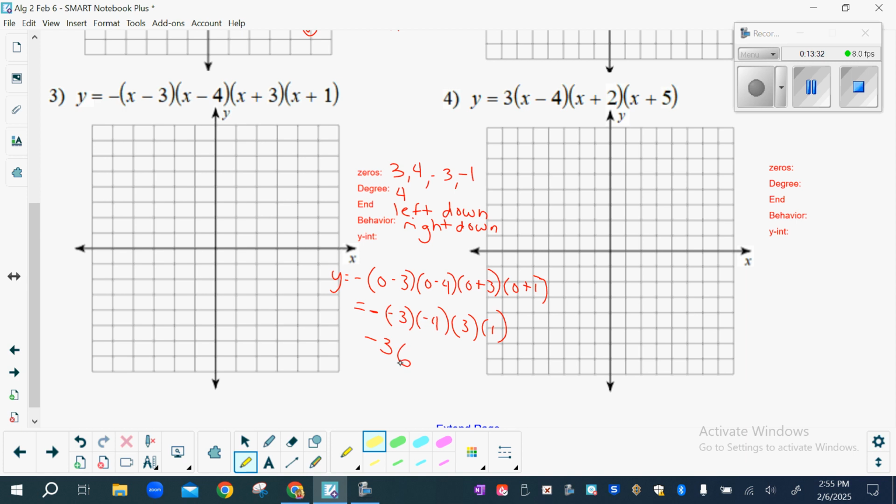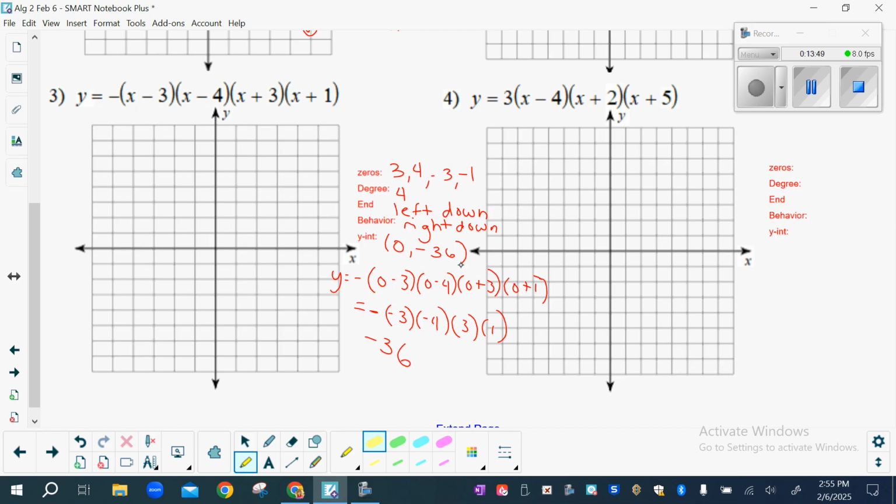You can use your calculator. When I do those, I like to get rid of some negatives, make them positive, and then I know it's going to be negative, and then just multiply it out. That's what I do, but whatever you want to do. So 0, -36.